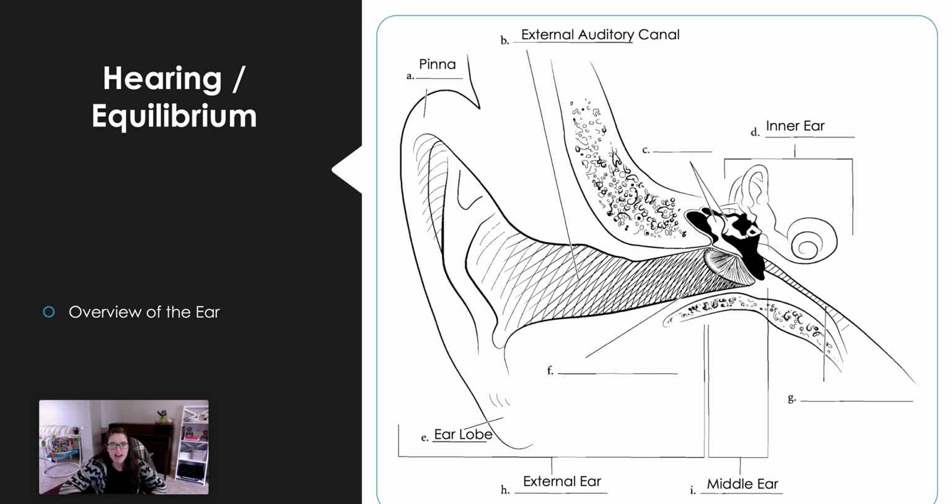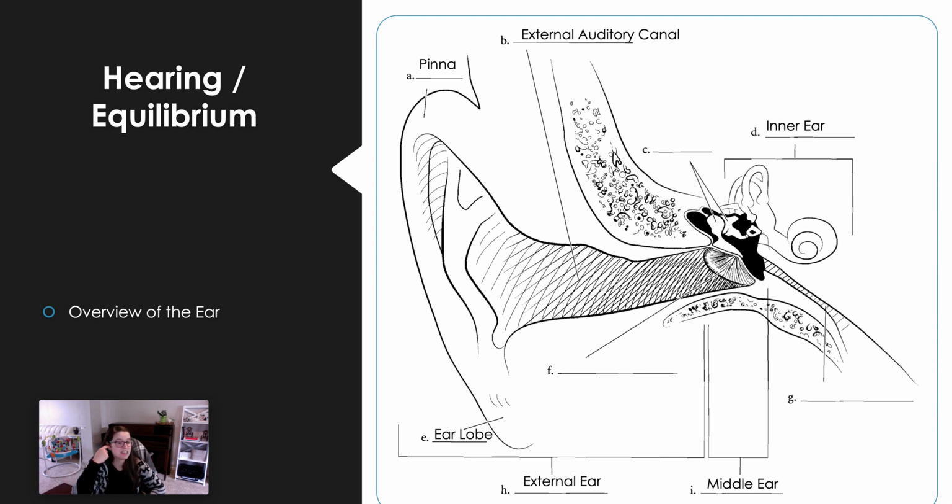And then we have the external auditory canal. If you recall, in the skull, we had the external acoustic meatus, right? So we need a way for the sound waves and the auditory nerves to get into our brain.